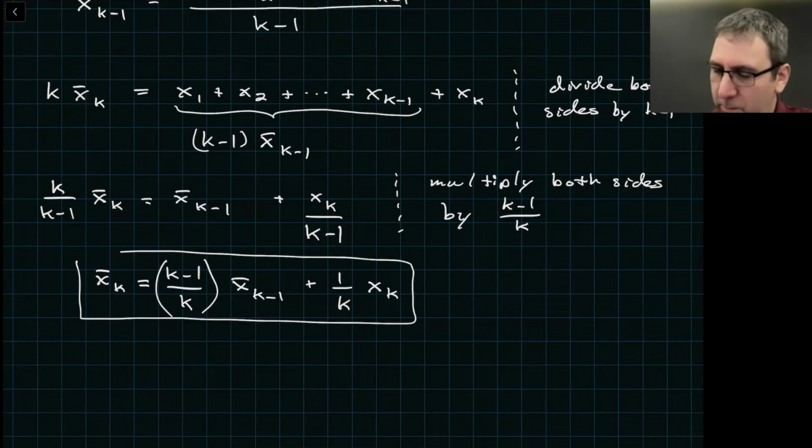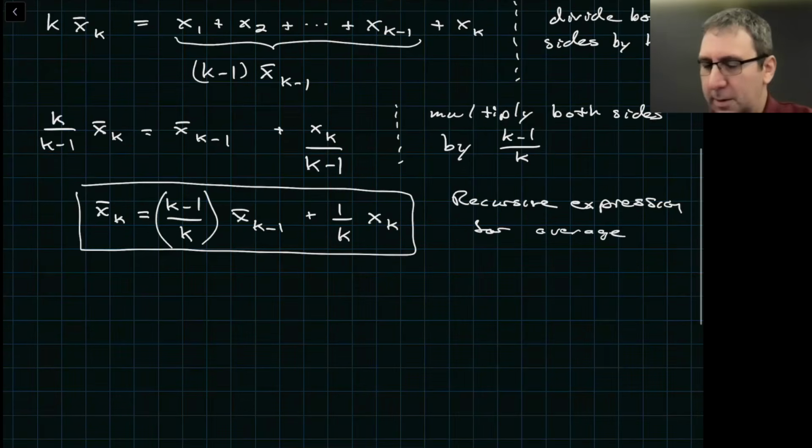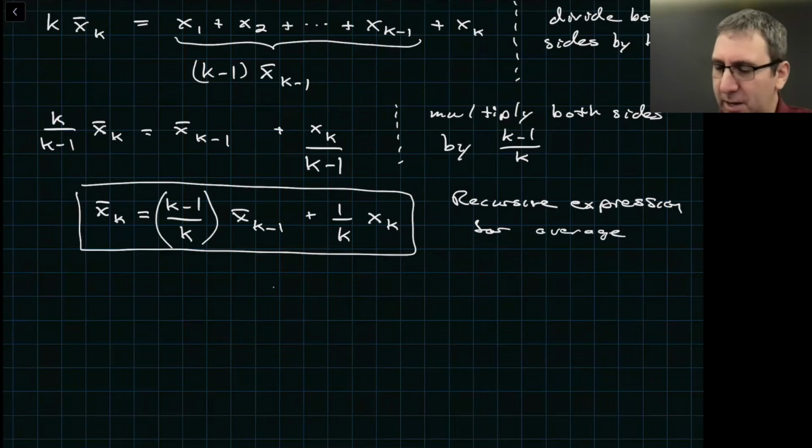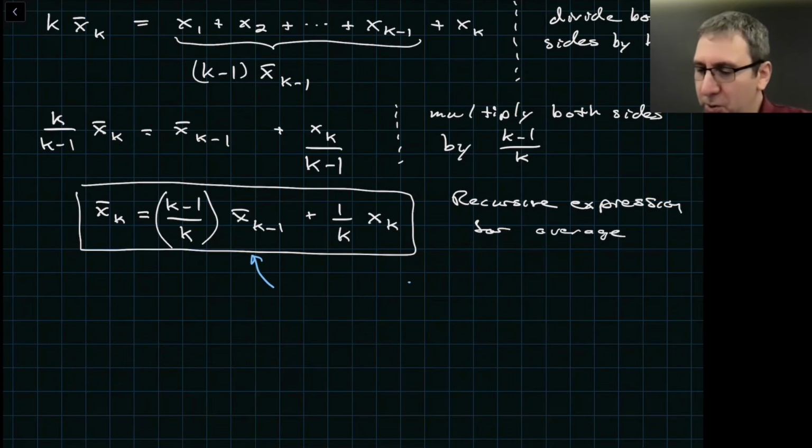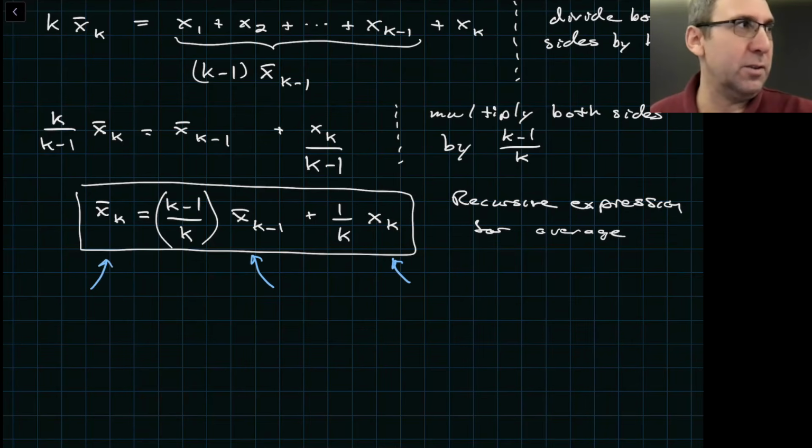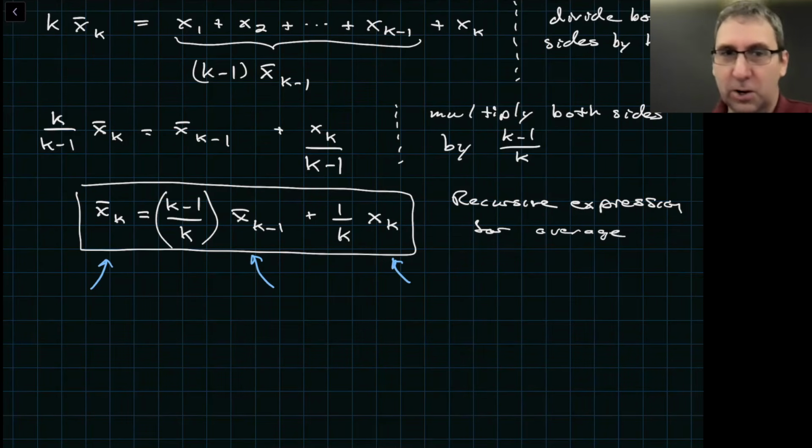So this is the recursive expression, meaning it takes in the previous estimate that you could store, the new data point, and then it spits out the new estimate of the average. So that's what makes it recursive.